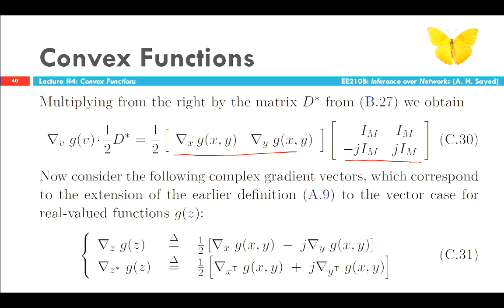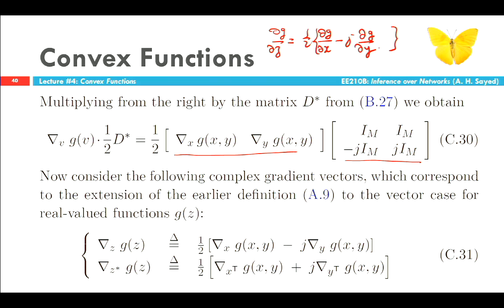Remember when I introduced the Wirtinger calculus and I defined gradients in that domain, right? The gradient of a function relative to z, I defined it as 1/2, right? You compute the gradient of the function relative to its real component minus j relative to its y component, right? And similarly for z star, there was a similar relation, right? So this is exactly what you have.